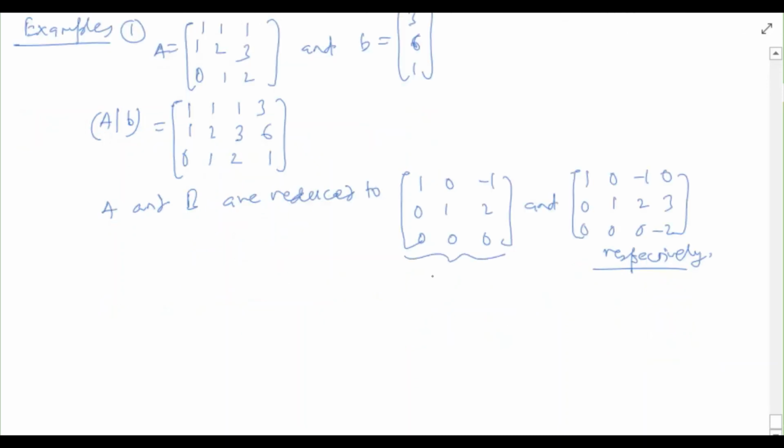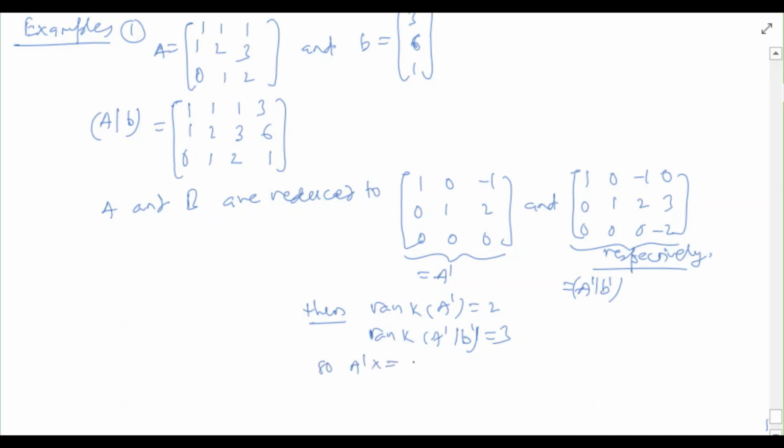Let us call these matrices A prime and A prime B prime respectively. Since A prime has two non-zero rows, it can be directly seen that rank of A prime is 2, and following a similar argument, rank of A prime B prime is 3. So A prime x equals B prime has no solution, and so Ax equals B also does not have any solution.